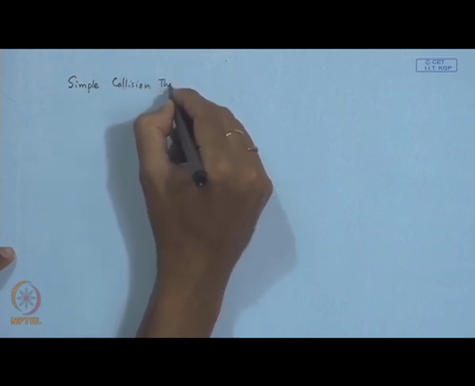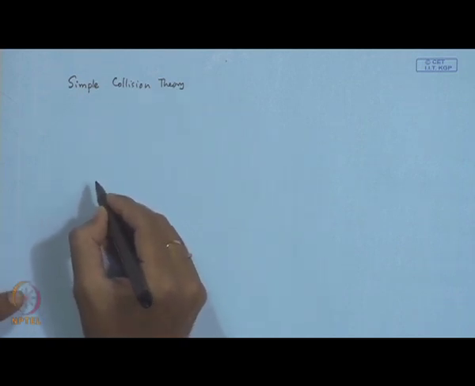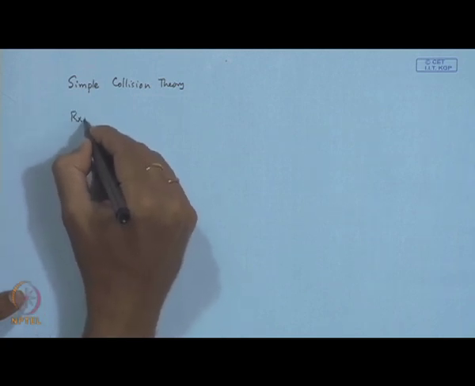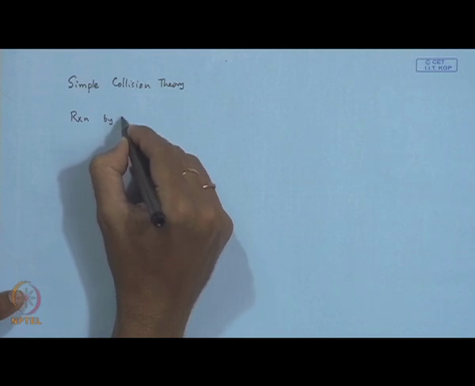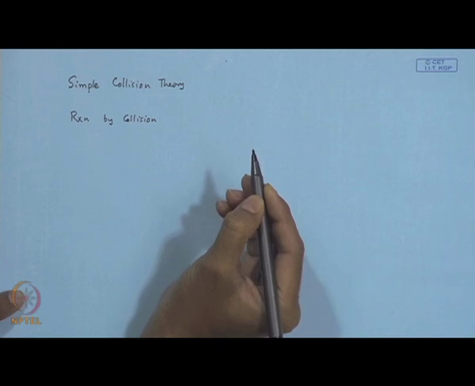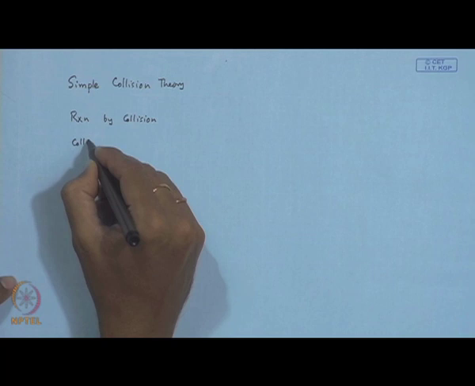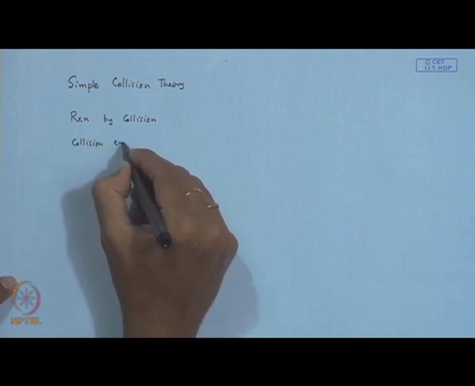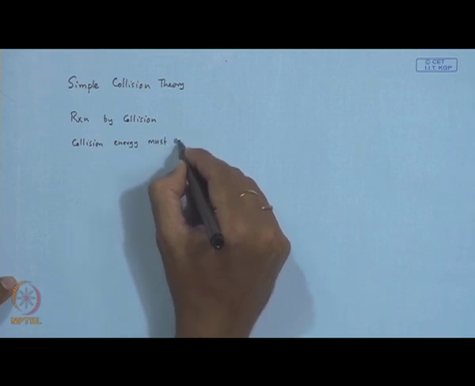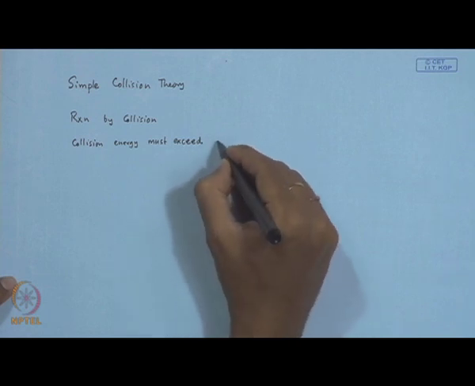Simple collision theory: reaction occurs by collision, and the collision energy must exceed the barrier height.